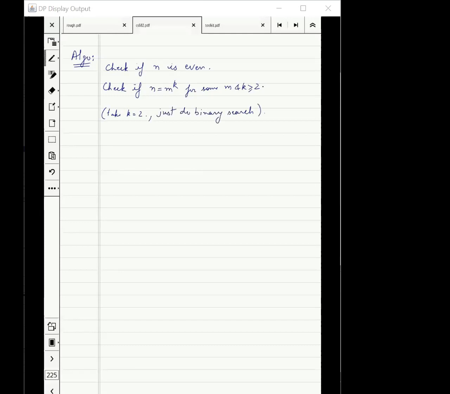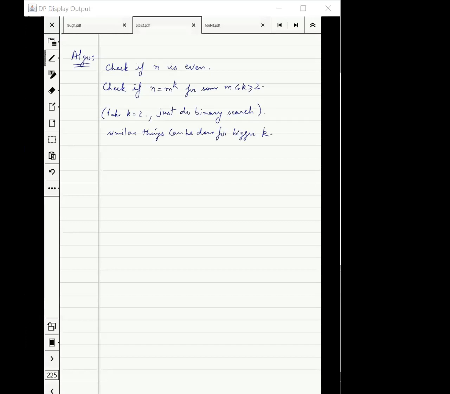We see, oh, 1 squared is less than n, n squared is more than n. Try n by 2. If n by 2 squared is more than n, then I will try n by 4. Otherwise, I will try 3n by 4. And I can keep doing this binary search, and ultimately I will find out if n is a perfect square or not. And similar things can be done for bigger k. Up to what k should I check? Log n.